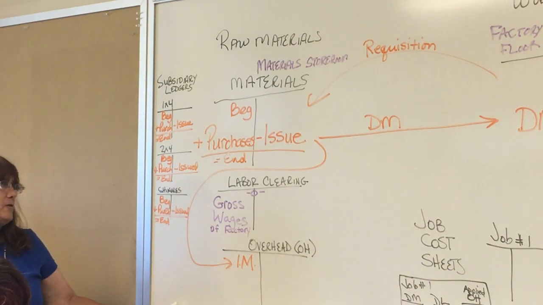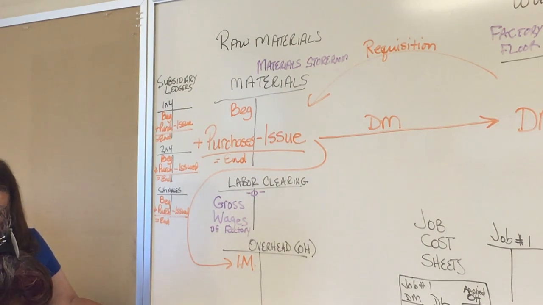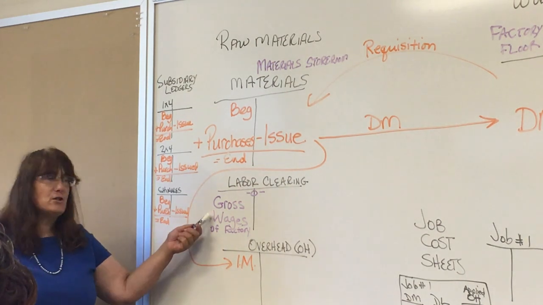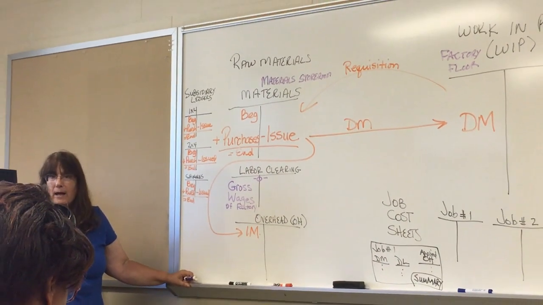So if somebody works in the factory building, the foreman, the guys that clean the floors, the people that maintain the machinery, the actual people that are working on building the jobs, all those people work in the factory. And so the wages of those people will be debited to the labor clearing account.